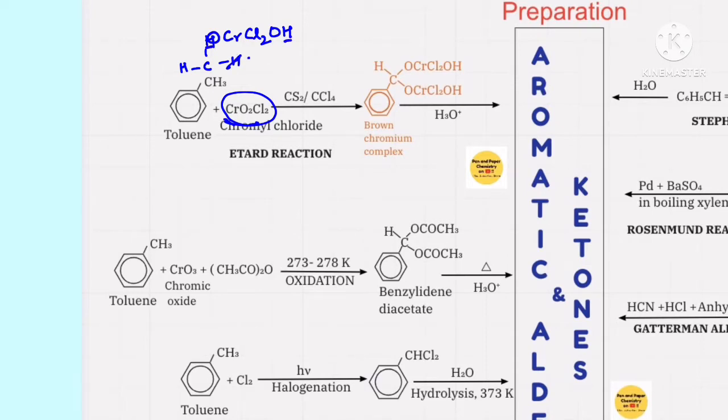Then OCrCl2OH, right? This forms a complex, a brown chromium complex. Next step, the O breaks down, so H and OH, H and OH. So ultimately what do I have? I have a benzene ring, CH and then OH and OH.